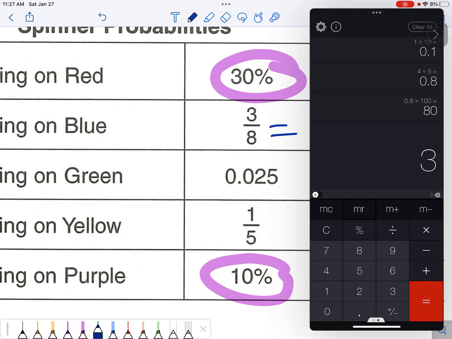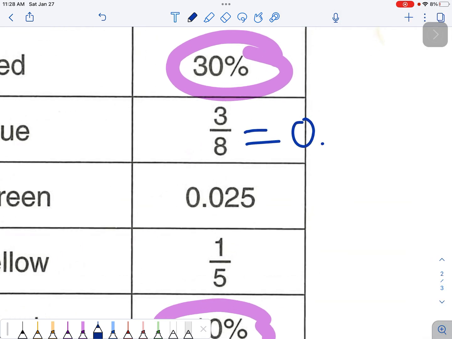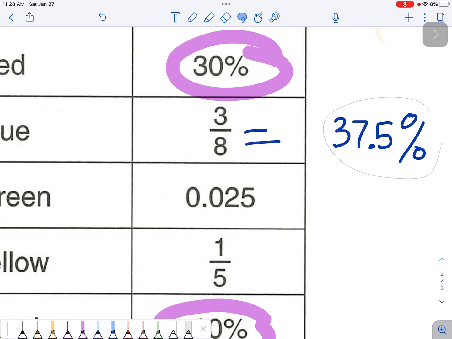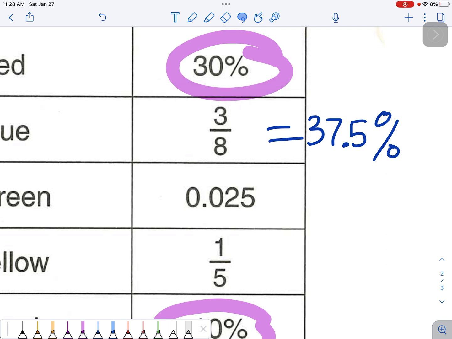Right. 3 divided by 8 gives me this. Remember, that's not 375%. We want 2 digits in the decimal, 0.375. If there was no 5, it would be 37%, which means as a percent, we just need to move the decimal behind the 7 and get rid of those first ones. So 3/8 is 37.5%. I think this makes a lot of sense. 3 is almost half of 8, and 50% means half, right?